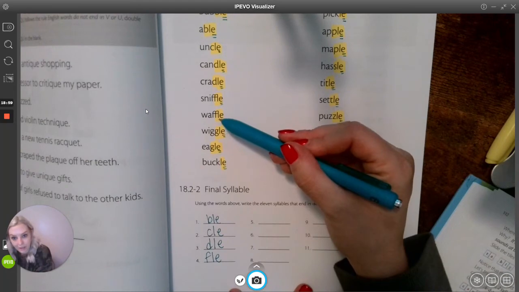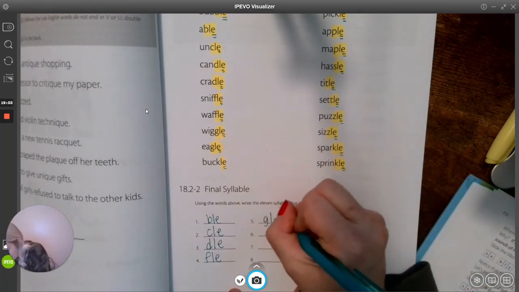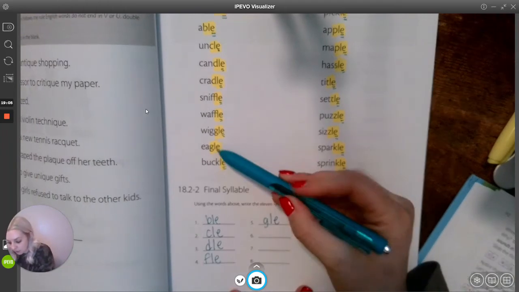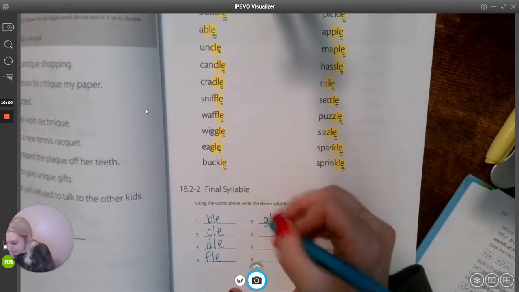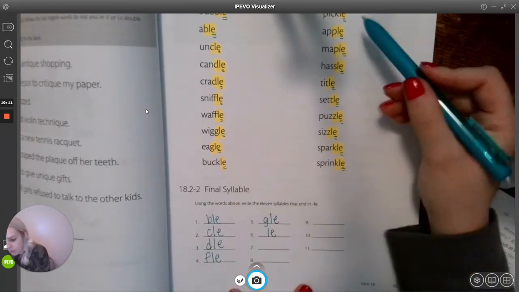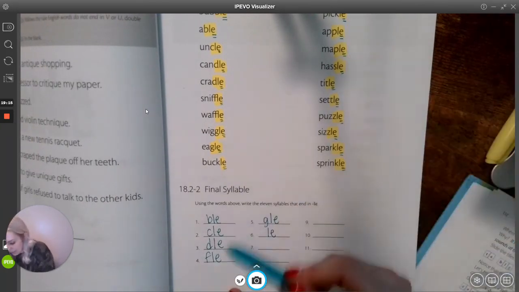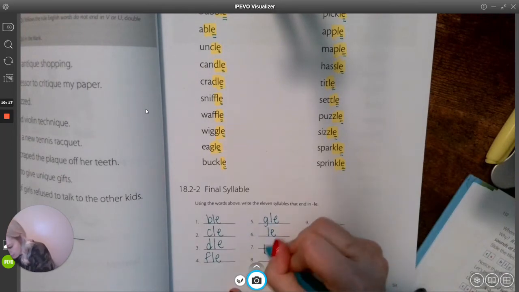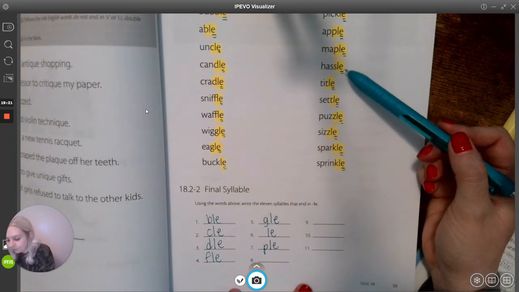Waffle, we already have FLE. Wiggle, GLE. Eagle, GLE again. Buckle is CKLE. Pickle is also CKLE. Apple is PLE. Haven't written that one yet. Maple, PLE.